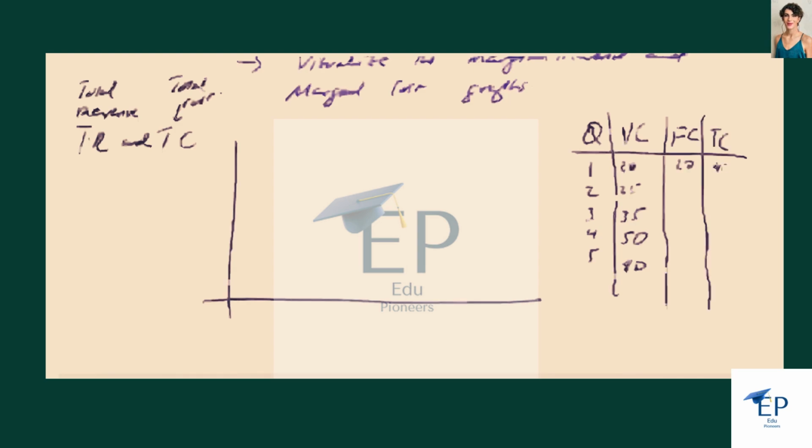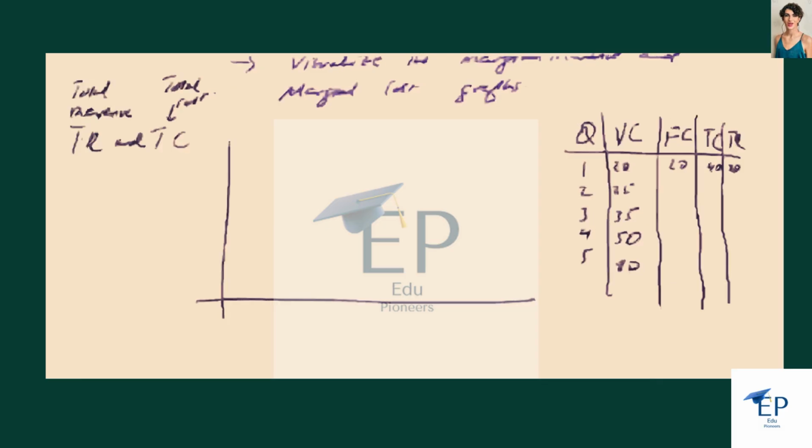And besides that, we have the total revenue, which is 20, and then the marginal revenue is also 20. So remember, we do have formulas for this. This is change in total revenue over change in quantity, and this is change in total cost over change in quantity. And then we have fixed cost, total cost, and variable cost. So taking these two together, we get the total cost.